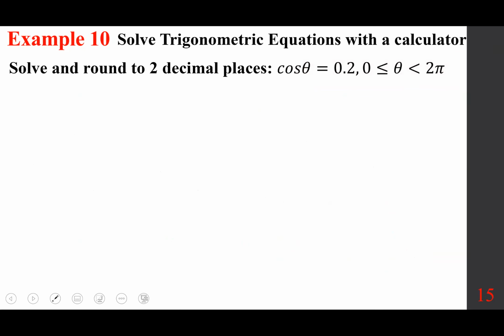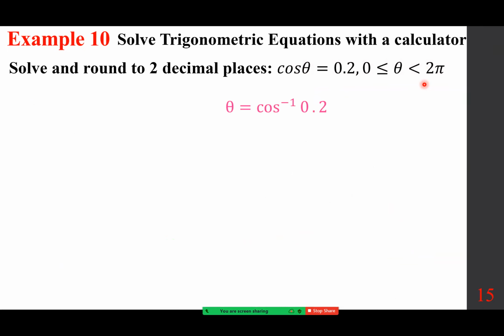Let's look at cases that require a calculator. So for example, when cosine is 0.2, it's not a common arc. We don't have the answer. We want an answer between 0 and 2 pi. If we go with the inverse and use a calculator, it gives us the answer.